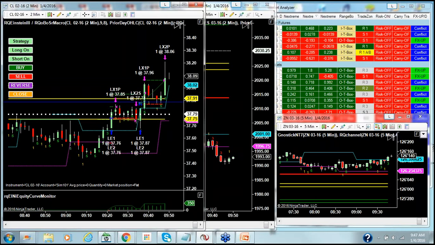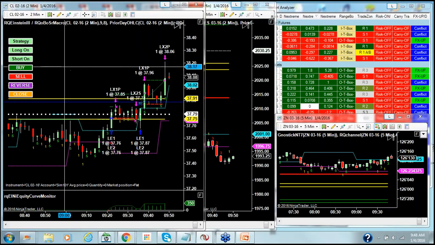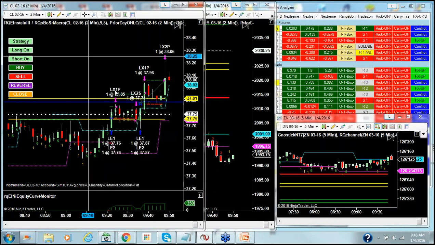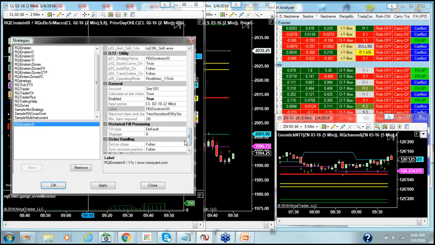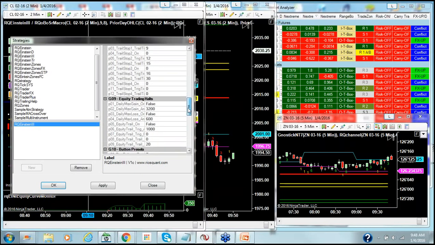Yeah, it trails it. The inputs are open, so you can set different trailing stops.